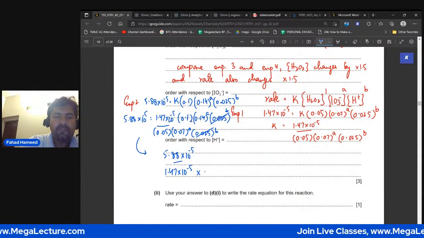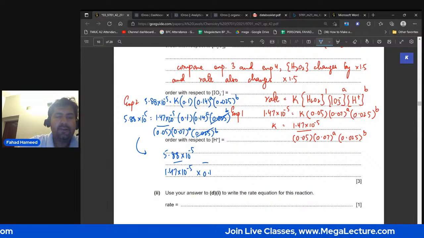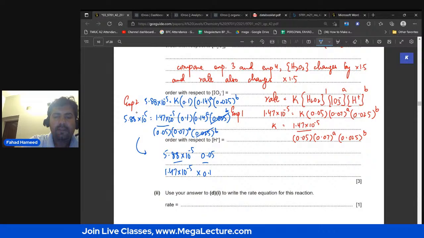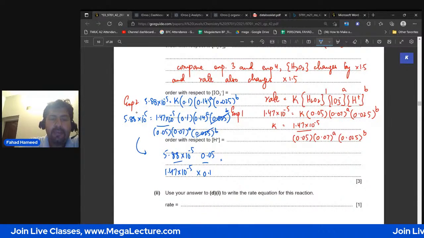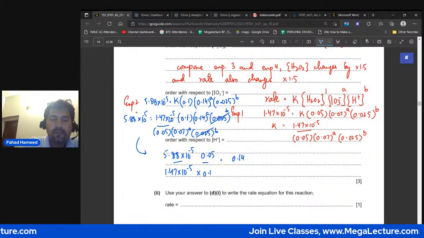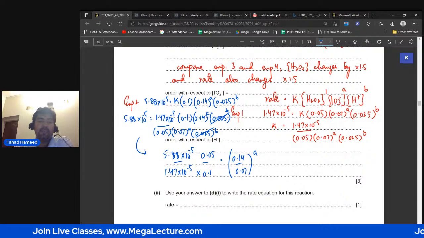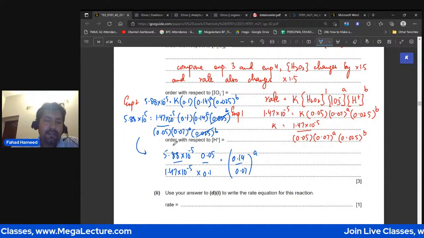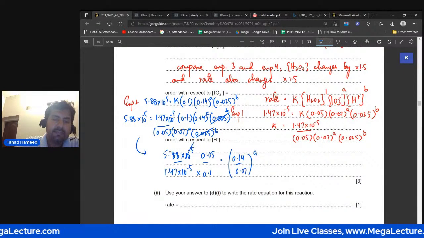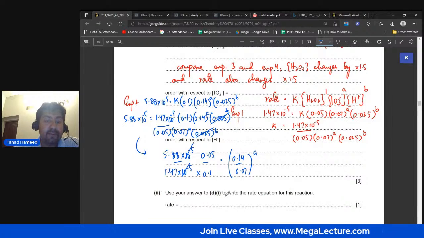So the 0.1 comes at the bottom, and the 0.05 goes in the numerator over here. And on the other side, I'm going to keep A to the other side. So it's going to be 0.14 over 0.07, and both of them have power A. So it's power A of the whole thing. So let's talk about this one. 10 power minus 5 gets cancelled out. So it's 5.88 divided by 1.47.